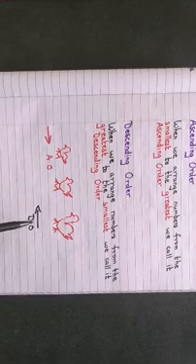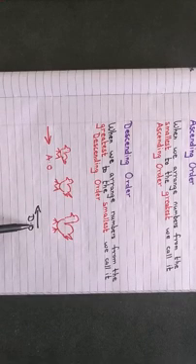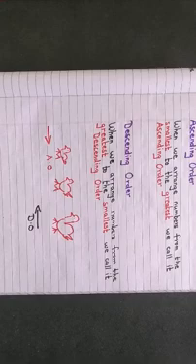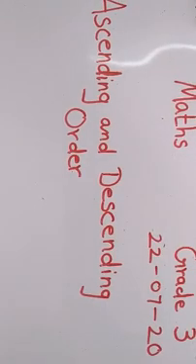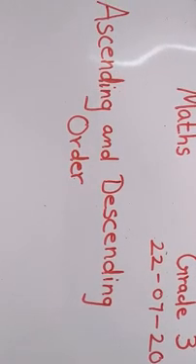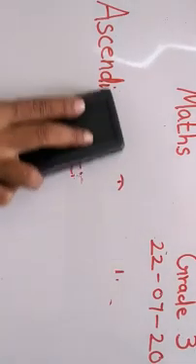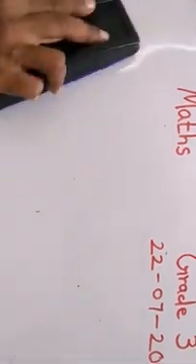And descending order is from the greatest to the smallest. So children, today we are going to do ascending and descending order. Right? Now, let's take these numbers. Look carefully here, children.